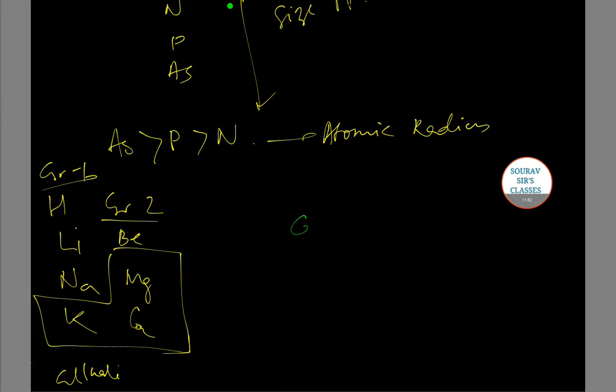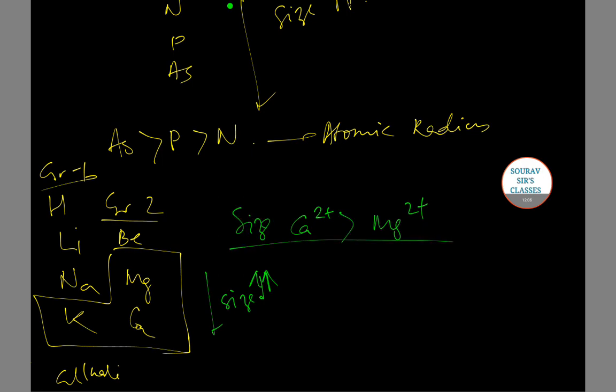So we can basically say that for Ca2 plus and Mg2 plus, because size increases down the group, Mg2 plus size will be lesser than that of Ca2 plus.